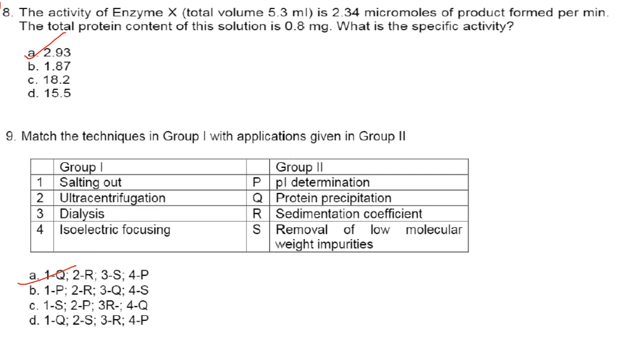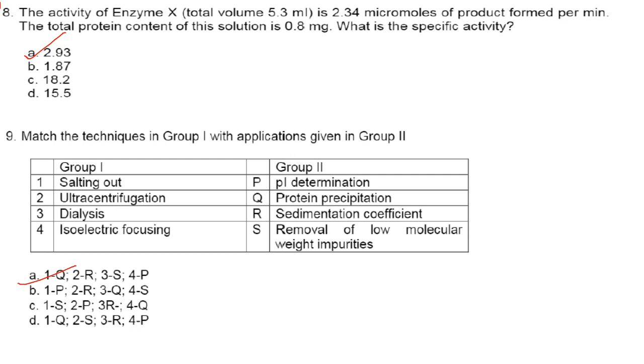So enzyme units per ml is 2.34 divided by total protein content 0.8, and you will get 2.925. That will be approximately equal to 2.93. Answer is option A.